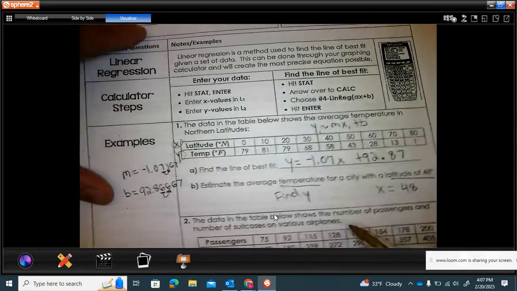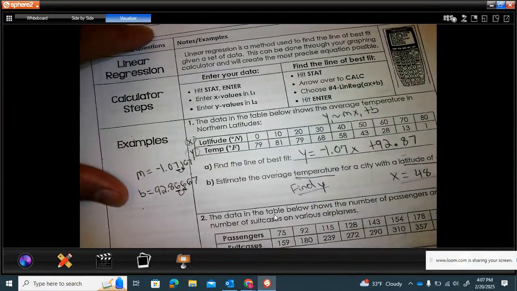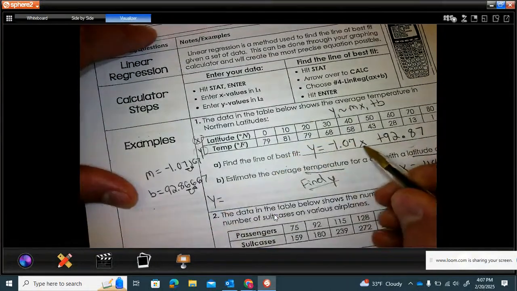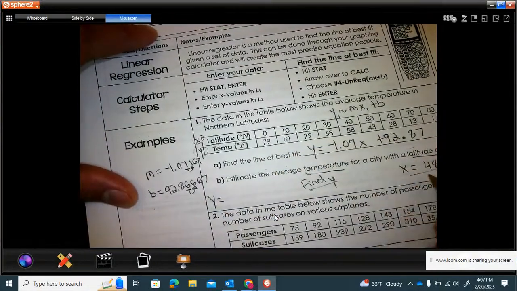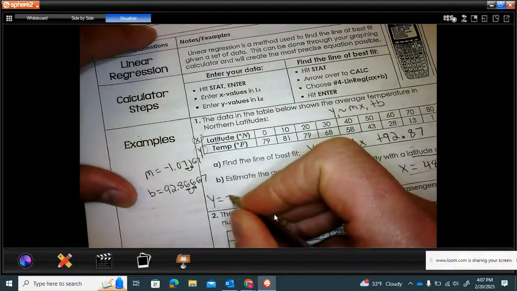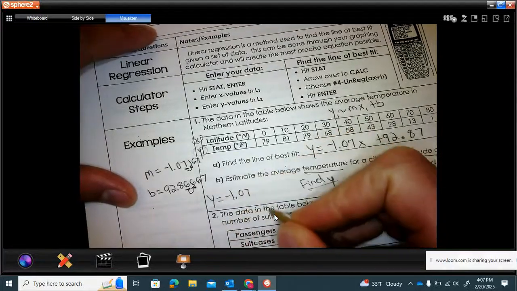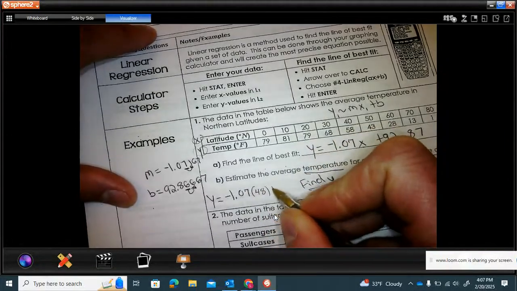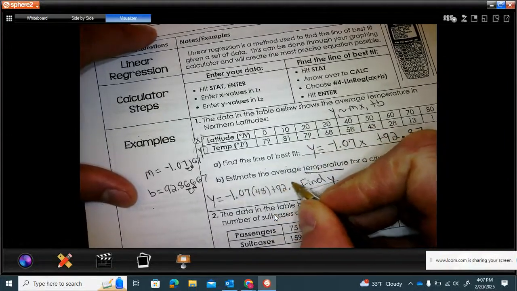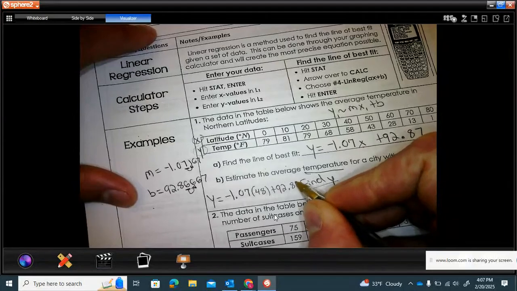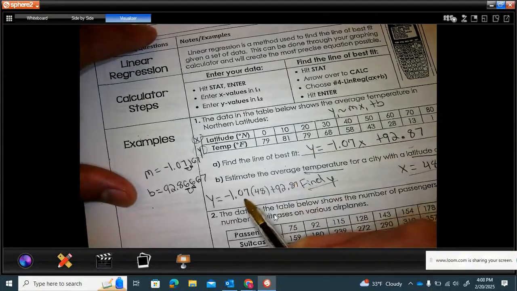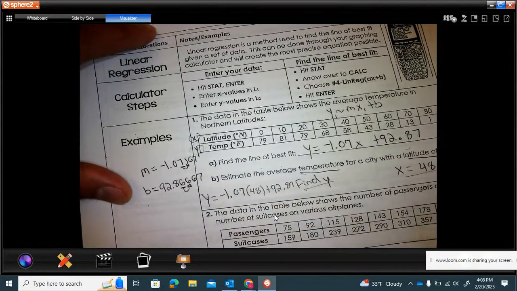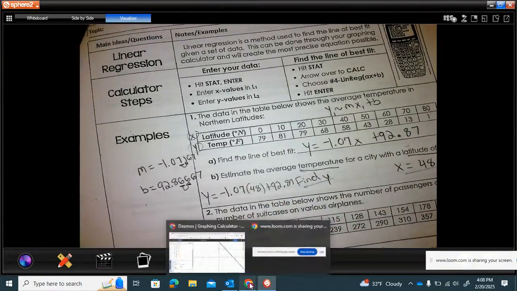So for example, find y when x is 48. So we need to find y, but we now know that we should plug in 48 for x. So negative 1.07, I plug in 48 for x, and I add 92.87. Then all I do is I plug that into Desmos, and it should tell me the answer.